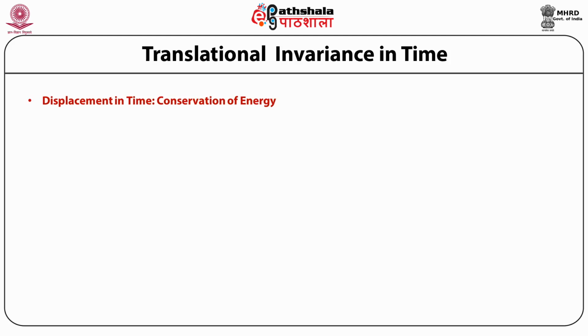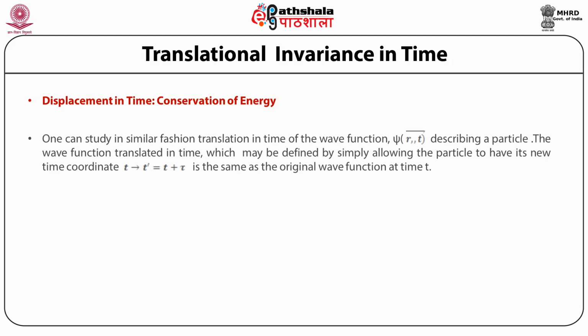So again, starting in a similar fashion like we did for the spatial translation, we do a translation in time of the wave function psi as a function of position vector r and time t, describing a particle.